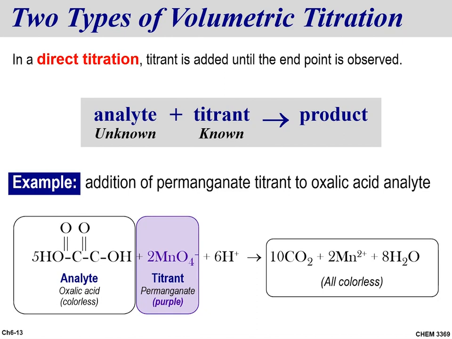So that allows us to calculate the concentration of the oxalate. Because the amount of oxalate is chemically equivalent to the amount of, oh, I'm sorry, that's a different example. So this is a simple version of a titration, a direct titration, okay?